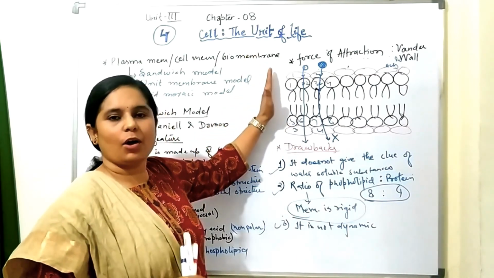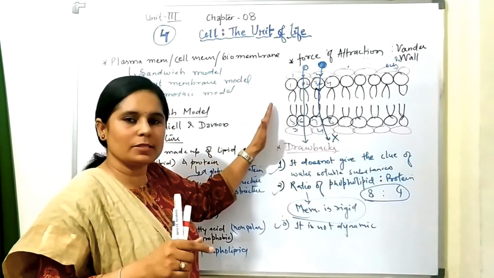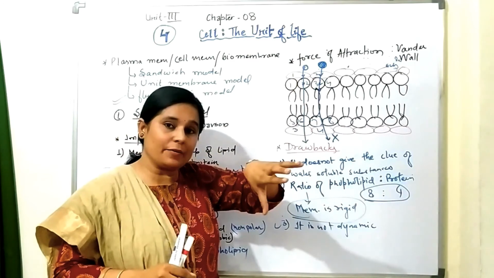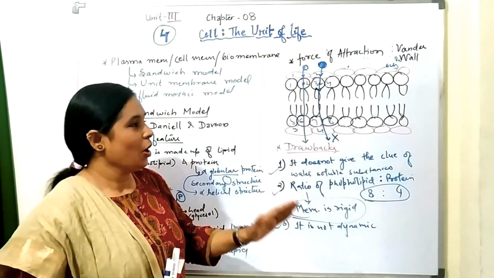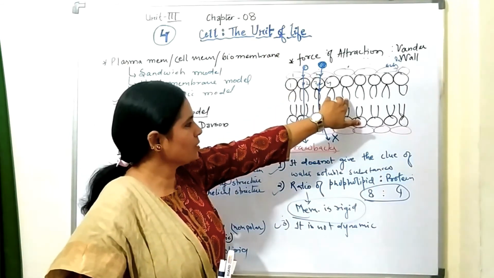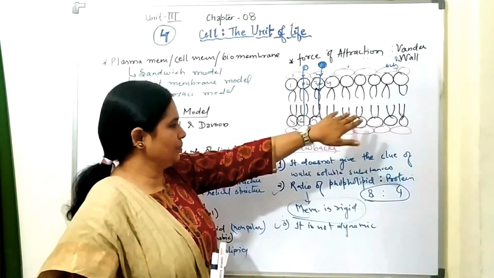This will allow lipid soluble and water insoluble substances to cross and reach inside the cell, whereas it will provide hindrance to water soluble substances. And where does the hindrance for water soluble substances come from? From this fatty acid tail.